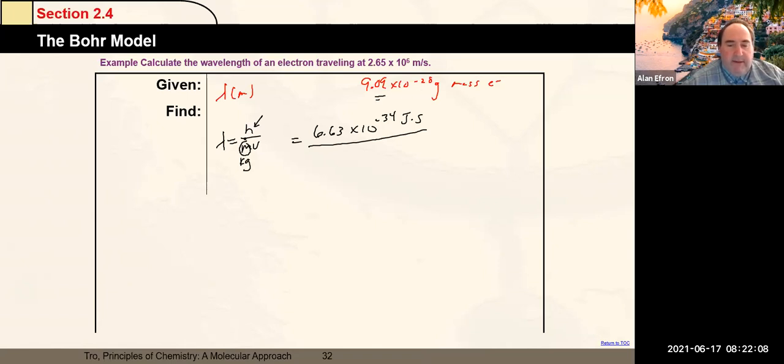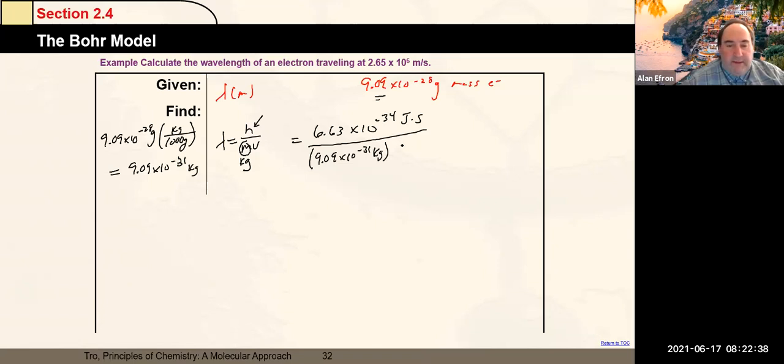I happen to give it to you in grams, so we do want to do a conversion. So we got 9.09 times 10 to the minus 28 grams. There's 1,000 grams in a kilogram. That will give us 9.09 times 10 to the minus 31 kilograms. So we got to make sure we do that conversion, especially using this one. Otherwise, we will end up with the incorrect answer.